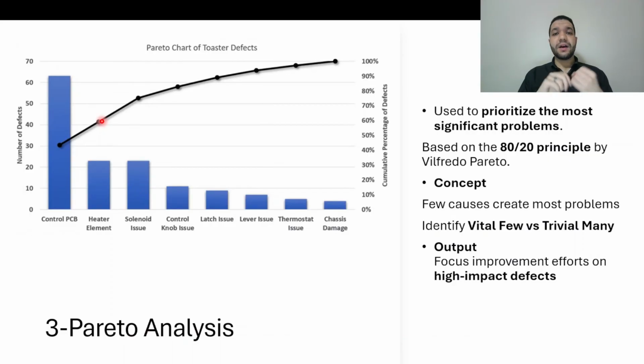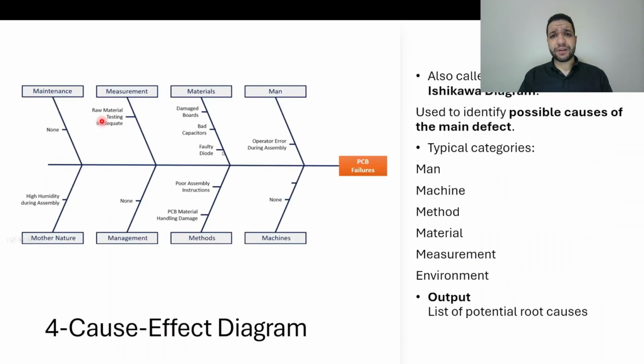So, I know my process, I have the data, I know the problems that I must dig in. So, let's dive deep in each problem to know its causes using the cause-effect diagram. The cause-effect diagram, or fishbone diagram, or Ishikawa diagram. This diagram is used to list all potential root causes for each problem.